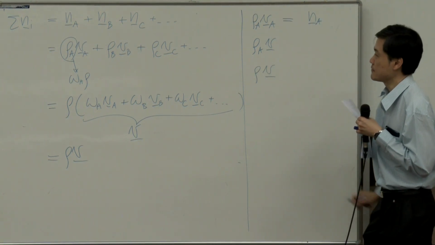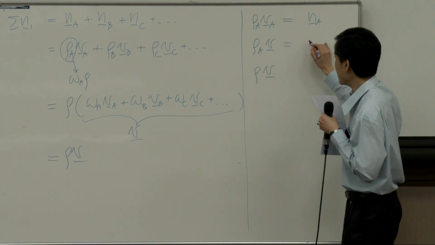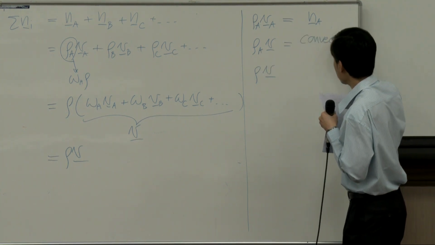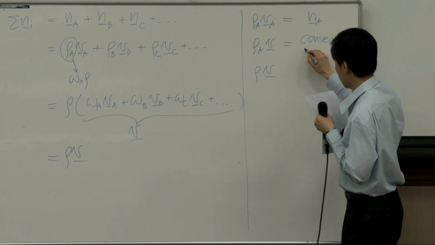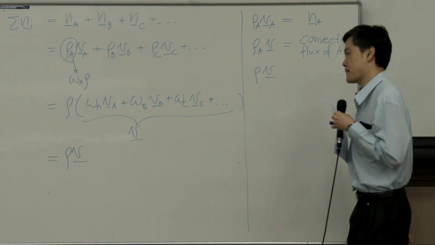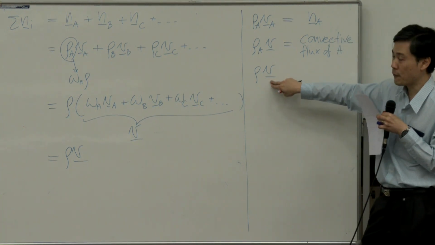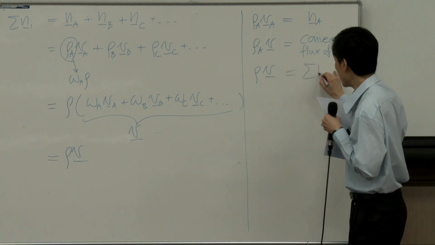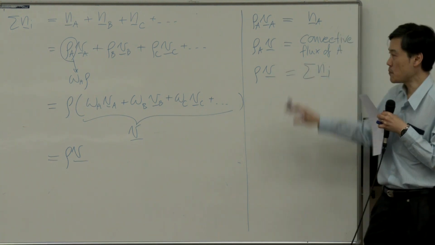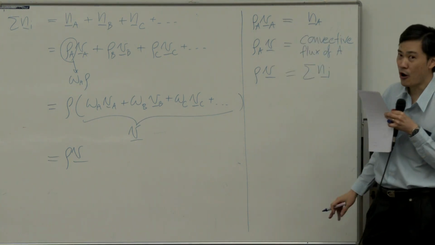Rho A V, this is mixture velocity carrying A. So this is convective transport or convective flux of A. Okay? Rho V, this is total of the whole fluid. So this is summation of Ni. Don't be confused about these 3. Okay? We will use them all the time.